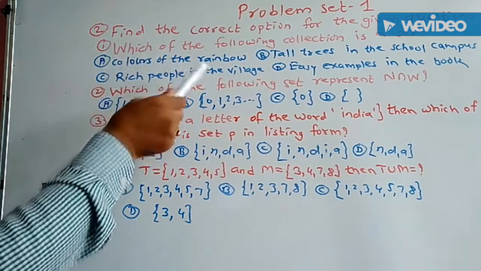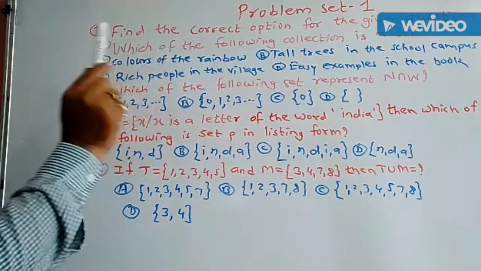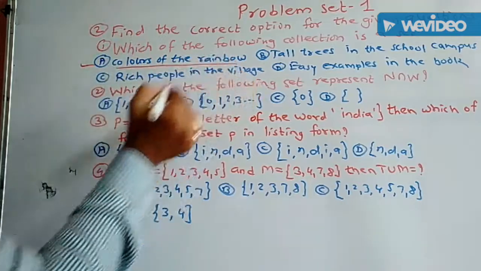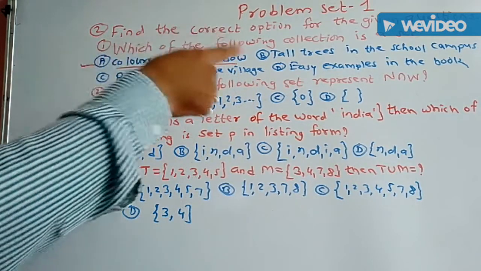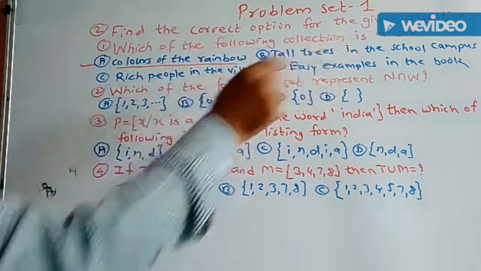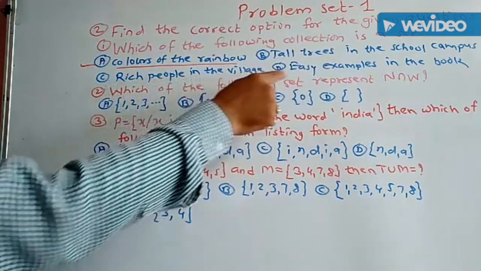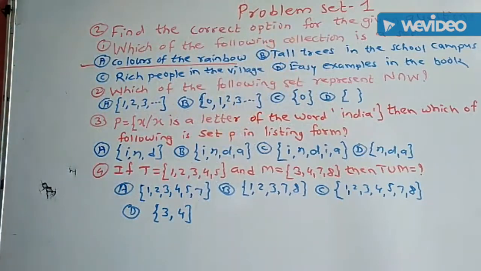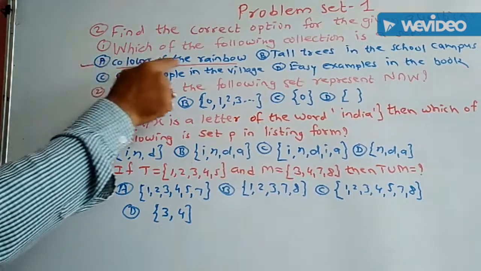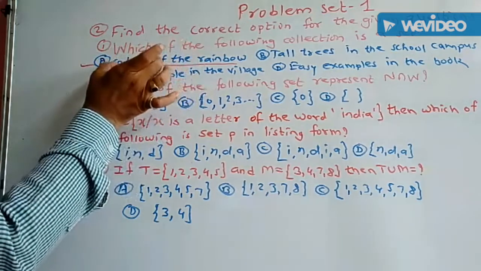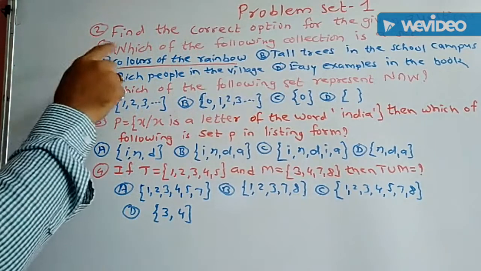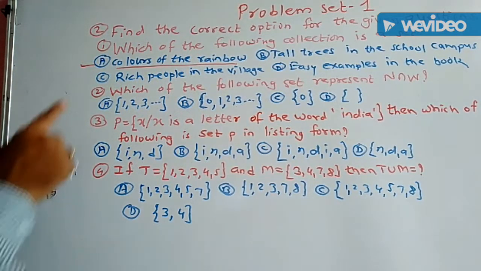That means it is a collection of colors of the rainbow, and therefore our option is A, because in the other three options, tall trees in the school campus, rich people in the village, easy examples in the book, we cannot collect the objects precisely. But in the colors of the rainbow, there are exactly 7. We can know which are the 7 colors of the rainbow, and therefore it is a set.